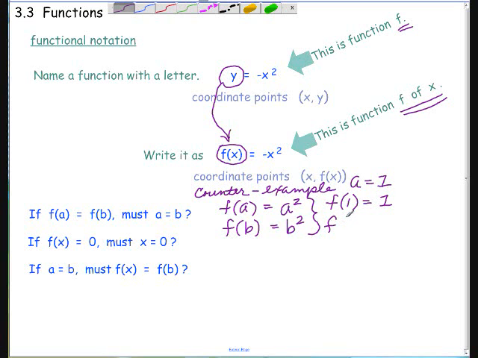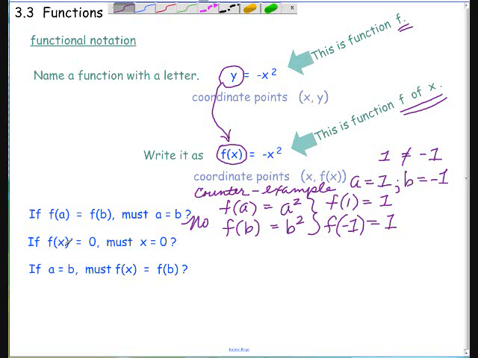If function b, I say b is equal to -1, it still equals 1. And that will always be the case. So if I'm looking at quadratics, these functions are identical, but I've got 1 for a and -1 for b. So I have to say no.